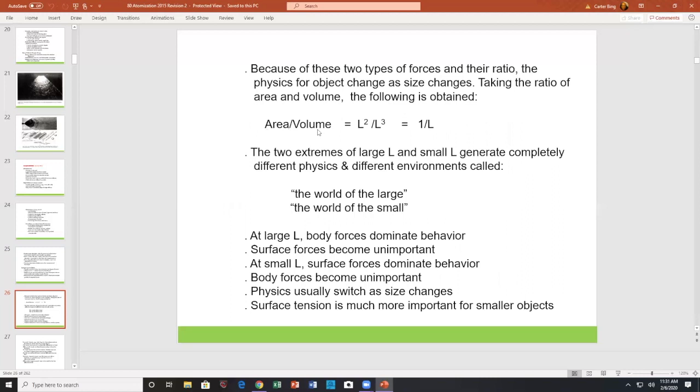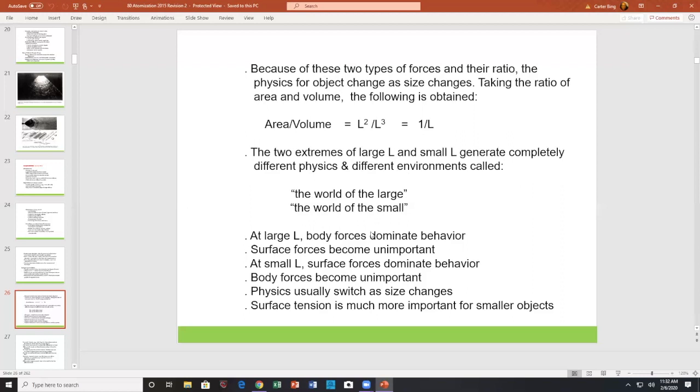Volume has another set of physics. So you may have the existence of two different physics, right? You have two extremes. You have large L and small l, which could generate completely different physics in completely different environments. So I pretend to call this the world of the large versus the world of the small.